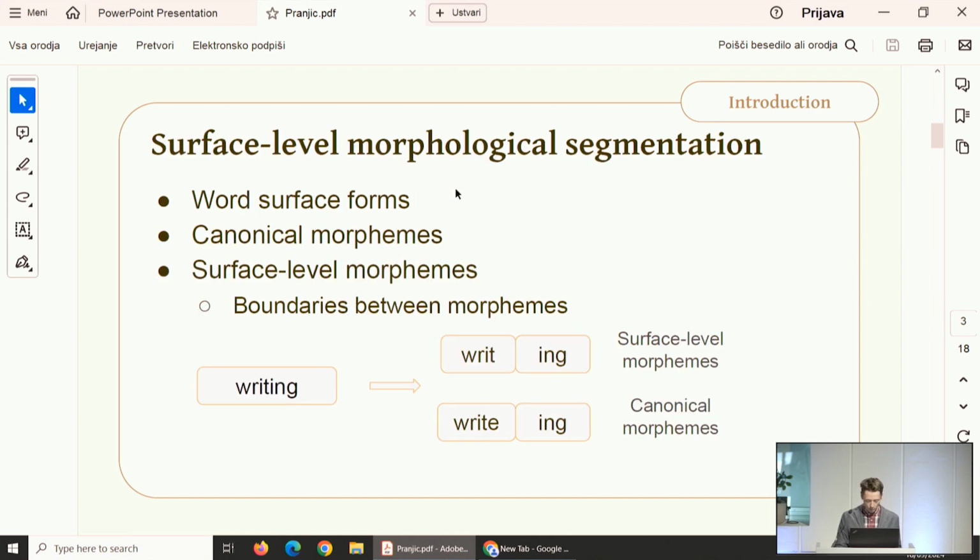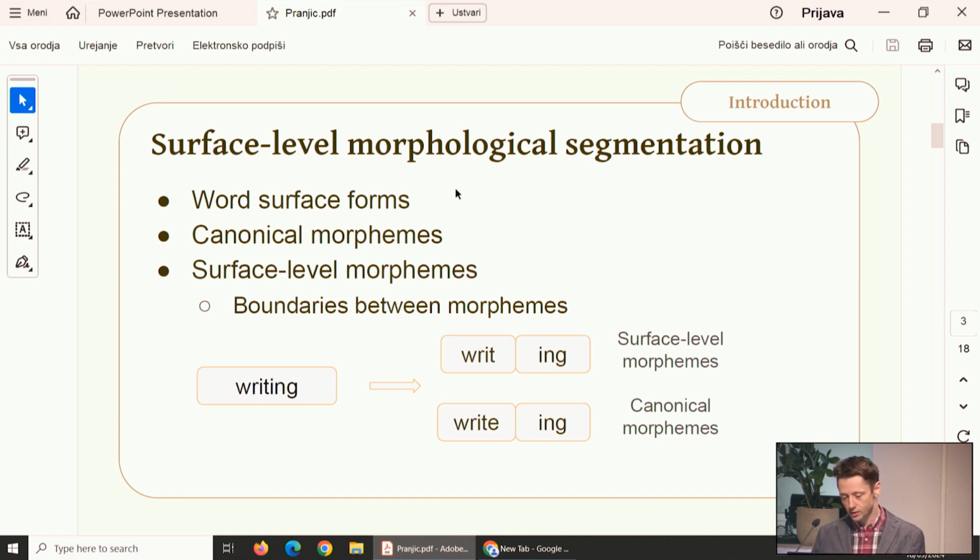In our work, we consider two different types of morphological segmentation, so-called canonical segmentation to canonical morphemes and segmentation to surface-level morphemes. In this lower part of the slide, you see the example of the English verb writing segmented in those two types of segmentation. If we are segmenting it to canonical morphemes, then each morpheme needs to have the source.